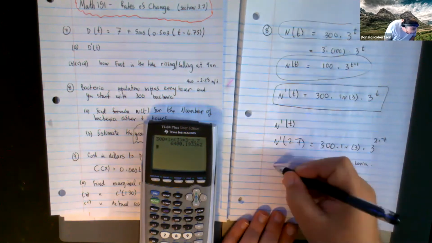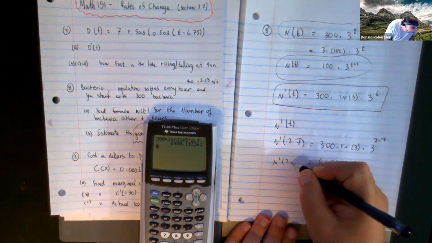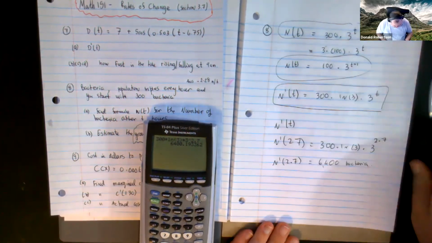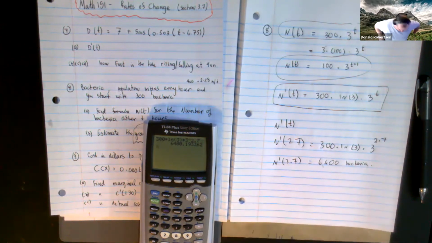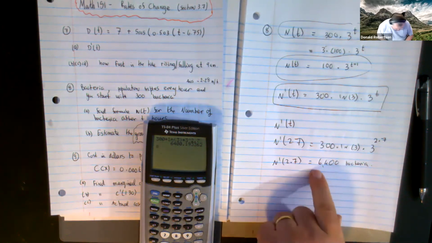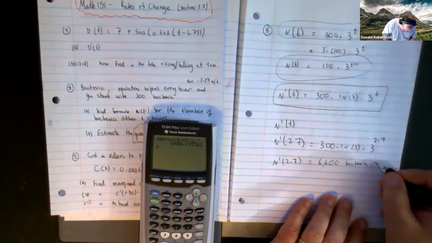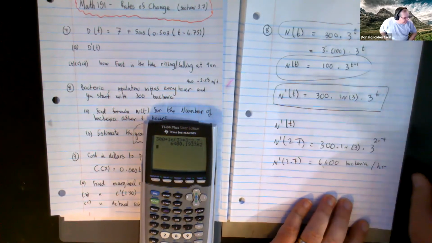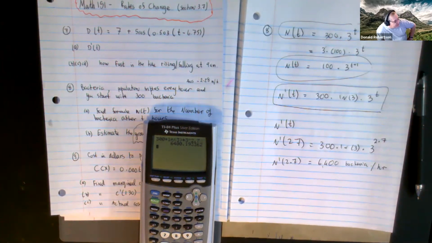So the rate of change, a little bit more than 2.5 hours into this bacteria growth, you're going to get something along the range of 2,400 bacteria per hour. That's how much it's increasing by.